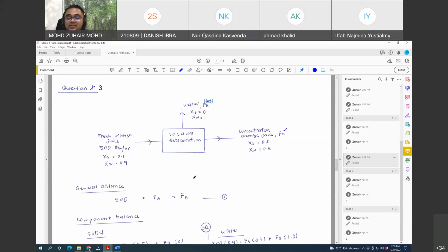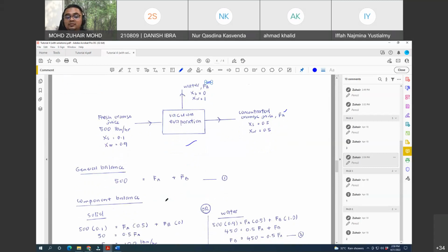How many unknown variables? 2. FB and FA. These are the two items that we want to find the answer. How many components? 2. Solid and water. Is there any other equation? No. So 2 minus 2 equals 0.